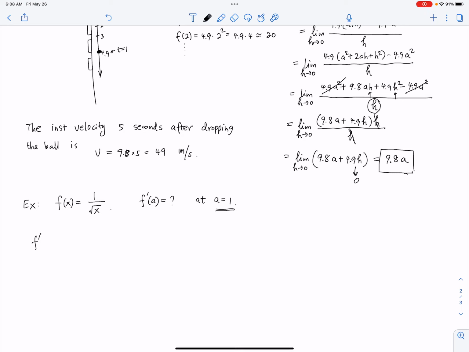The derivative of the function at 1, okay, it's a limit.